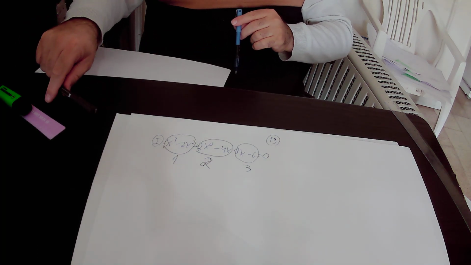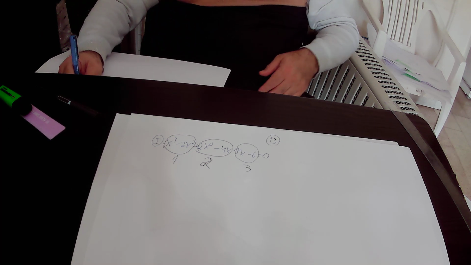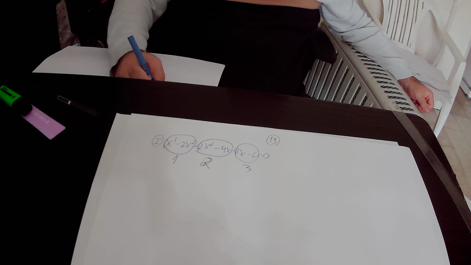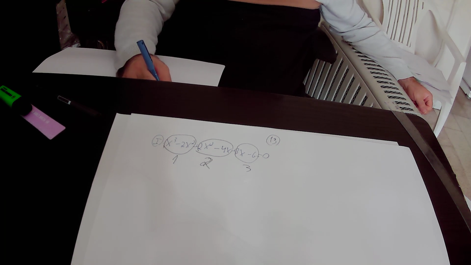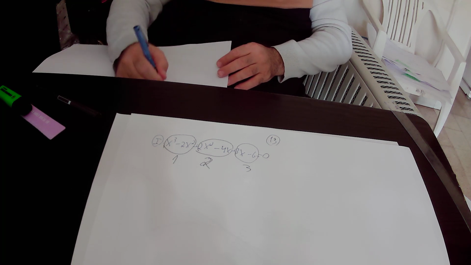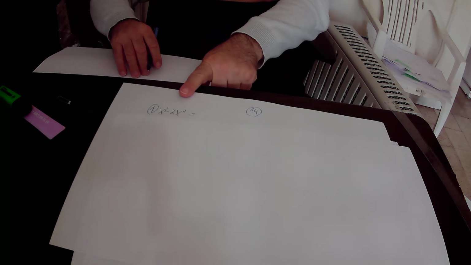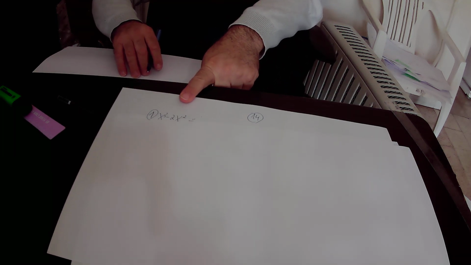Okay, so the first part is x cubed minus 2x squared. We will take a common factor from this expression. The common factor that we will take will be x squared.